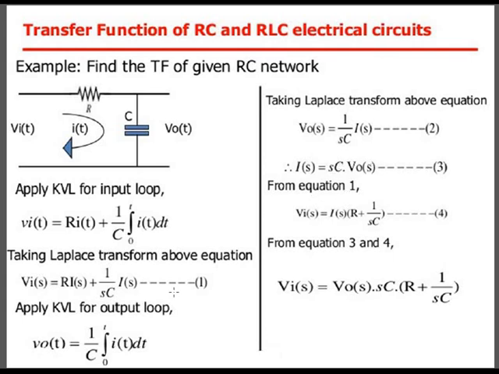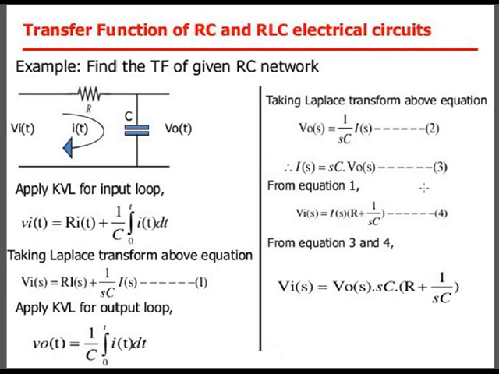From equation number 1, we can write Vi(s) = I(s) times (R + 1/(sC)), taking I(s) common. We have to take this I(s) term common.